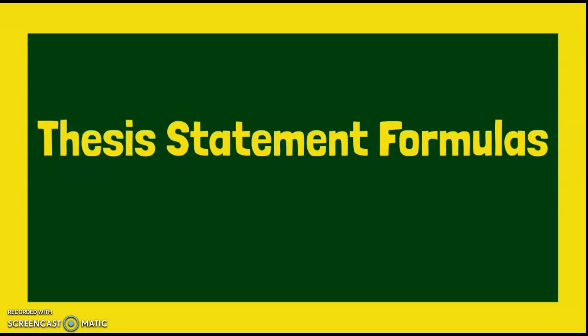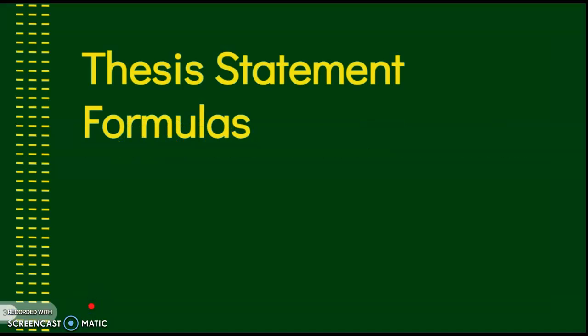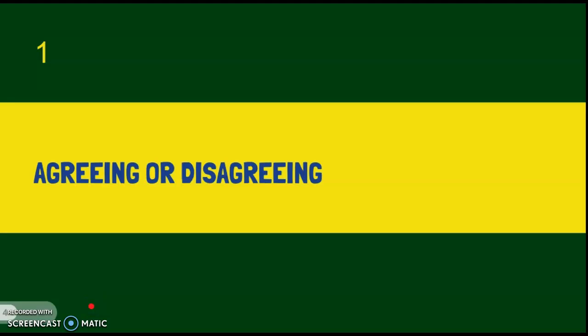Hi all. So I want to do a quick lesson showing you ways you can create thesis statements for the final exam essay. So, thesis statement formulas. The first two that I'm showing you are ways that you can agree or disagree with a statement.